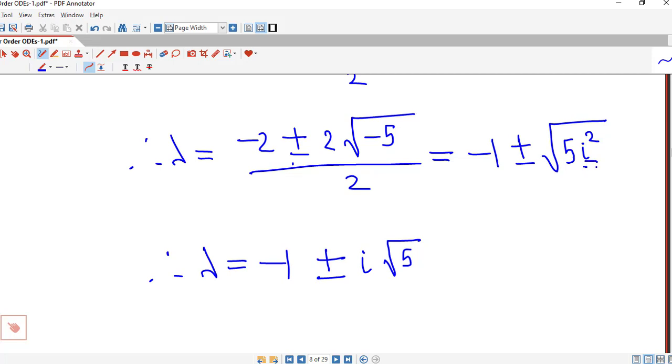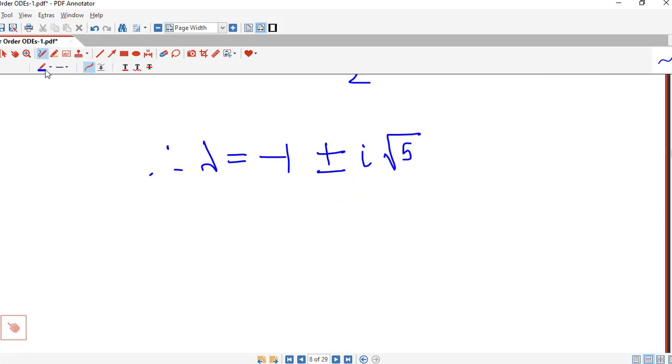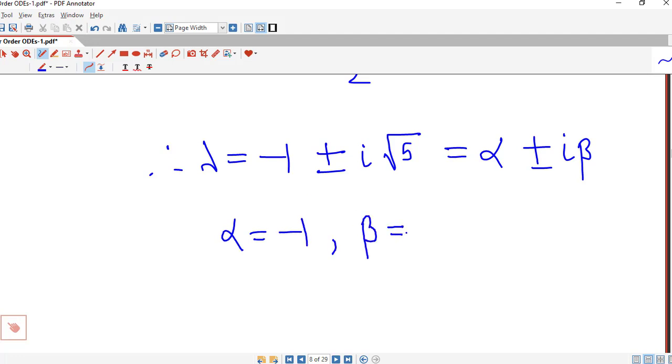Here the square root of i square is i, and we keep the square root of 5 as it is. So these are the complex roots, and if we compare with alpha plus or minus i beta, then alpha is minus 1 and beta is square root of 5.